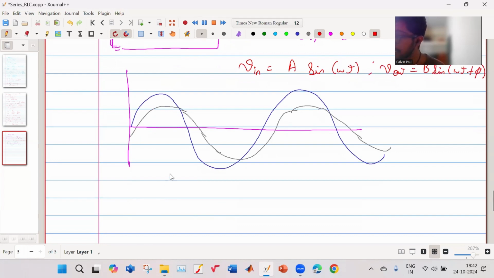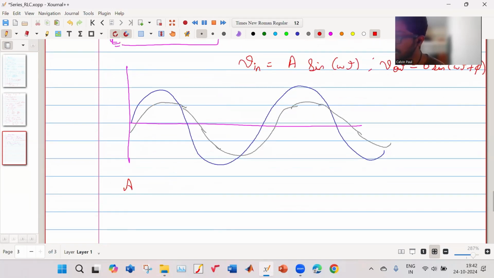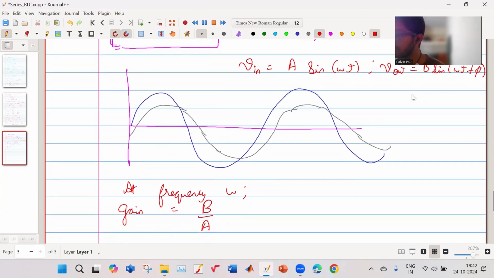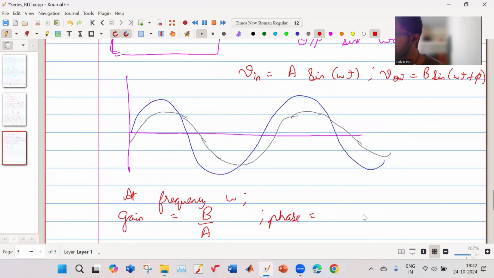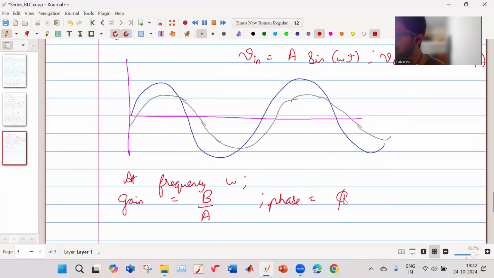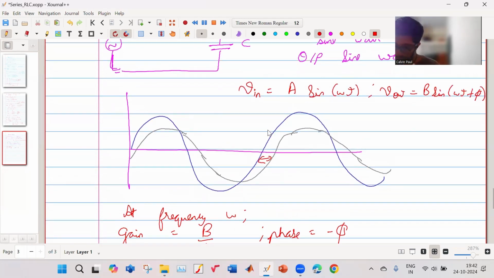So it is at one particular frequency omega. At frequency omega, my gain is equal to B upon A. That is the amplitude. And the phase is equal to phi. This is the phase lag, it is minus phi, which is there at this frequency.